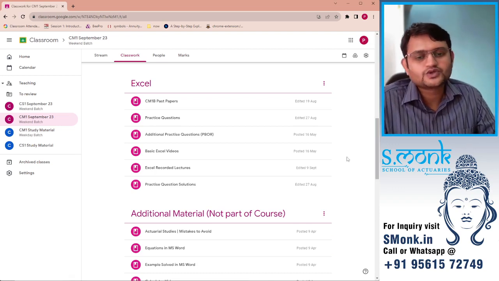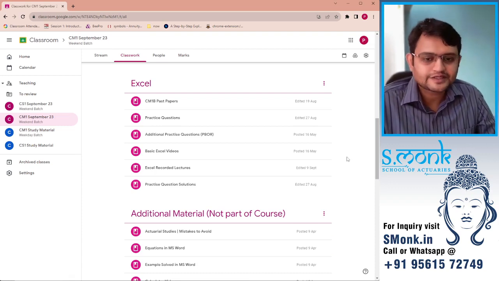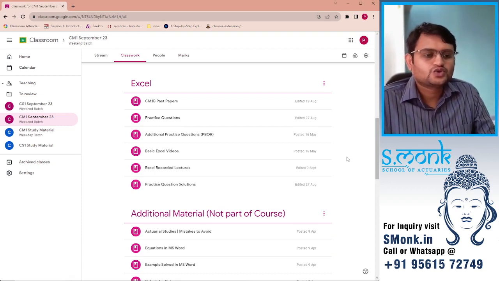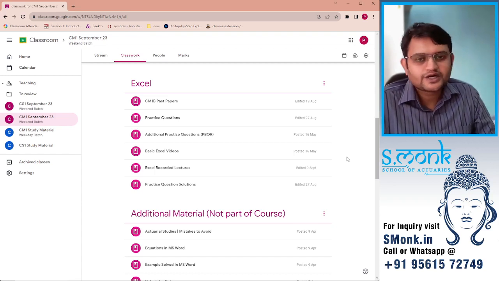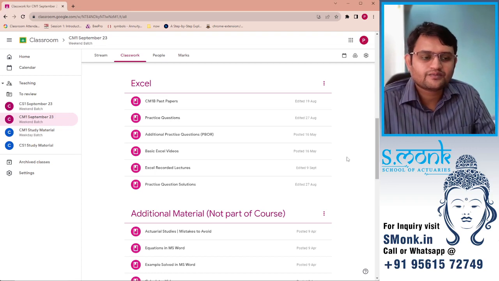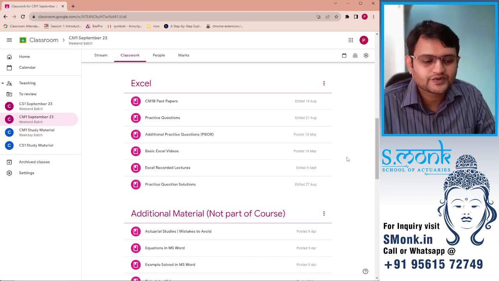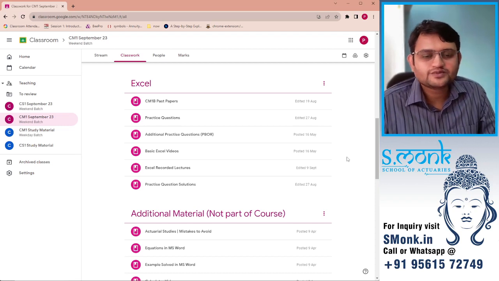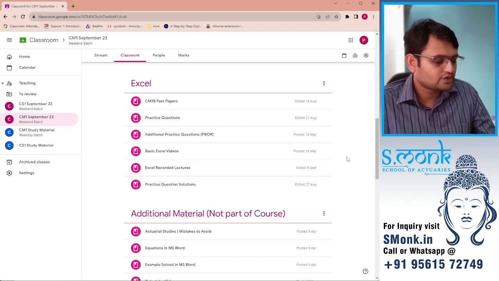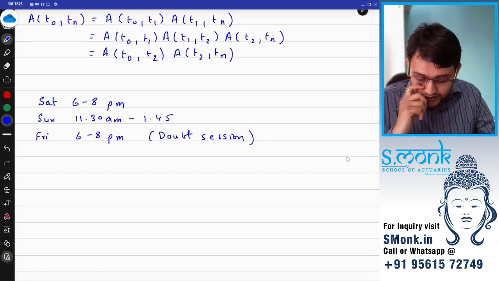Later on we are going to start Excel. Excel starts after we have completed chapter 13. So we will also have Excel lectures on our regular days. And if I feel like we are lagging behind, then I may take some extra classes as well, but most of the time we will be able to complete our course such that you will have a 1 month gap for your examination.